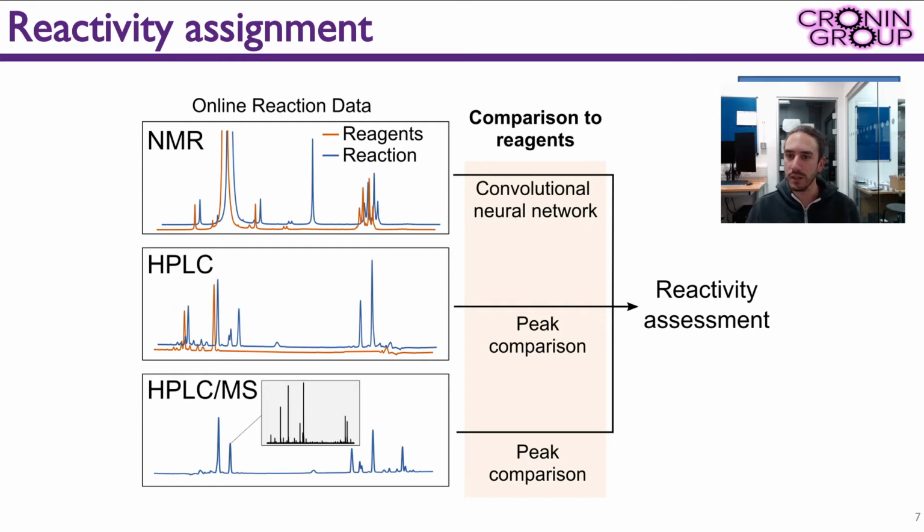For the NMR, this was done with a convolutional neural network that compares the NMR of the mixture with the sum of the starting materials. For the HPLC, this wasn't necessary, so we're simply looking at the peaks, since each peak corresponds to a different product. If we see new peaks, then the reaction is considered reactive. Same thing for the mass spec. All 3 assessments are combined into a reactivity assessment.